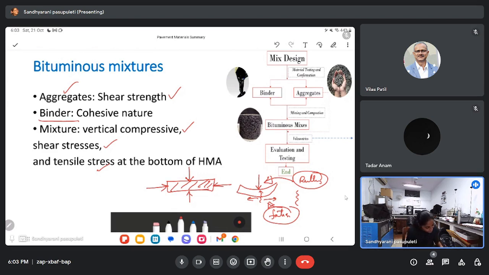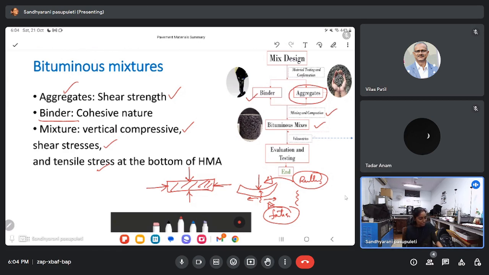So for doing the mix design, we collect different sizes of aggregates so that we have dense packing. Then we characterize the binder. We calculate the mixing and compaction temperature so that the binder can coat the aggregates well. Then we prepare the bituminous mixes. Let us say if I am doing Marshall mix design, then I prepare the specimens.